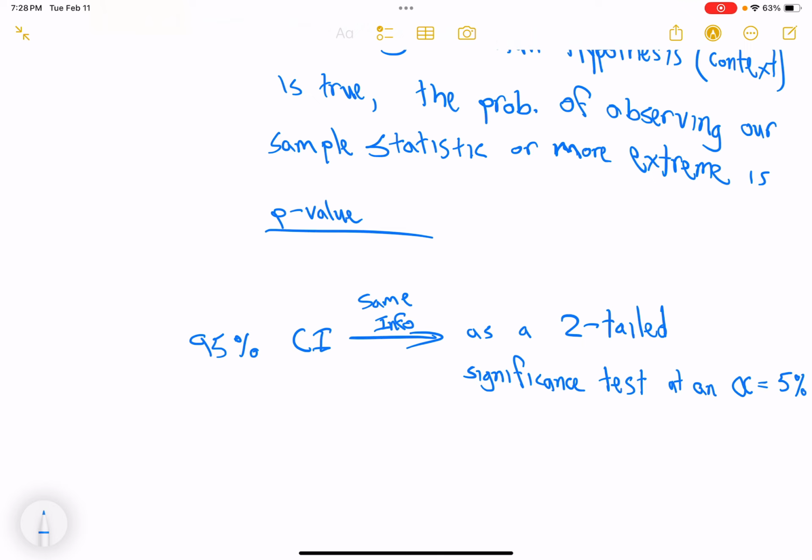So what we're saying here is that a confidence interval at 95% confident will make the same argument. It makes the same claim. It gives essentially the same ideas as a two-tailed significance test with an alpha of 5%. What does that mean?